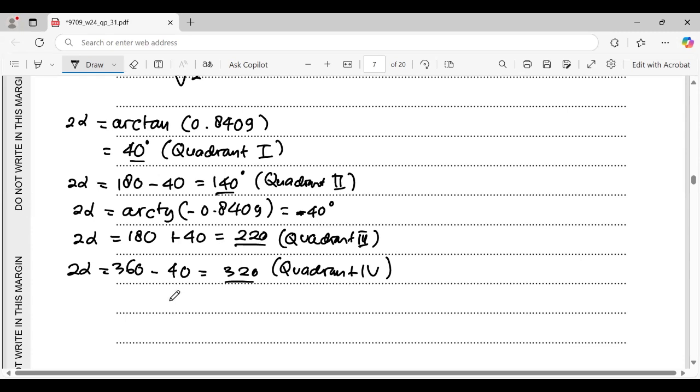The possible values for alpha: 40 divided by 2 equals 20, 140 divided by 2 is 70, 220 divided by 2 is 110, and 320 divided by 2 is 160.